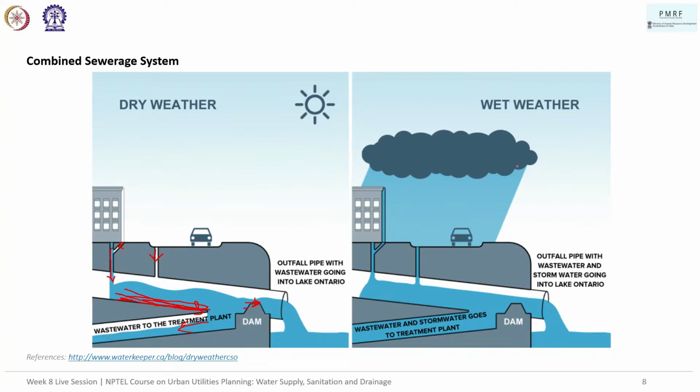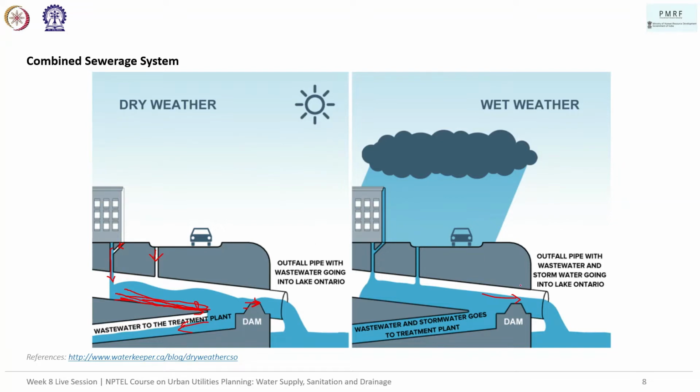However, when there is very heavy rainfall, there'll be an overflow into river bodies or some other surface body where the outlet is positioned. So in fact, the advantage of the combined system is that the siltation that happens in pipelines usually gets washed away automatically during wet weather.